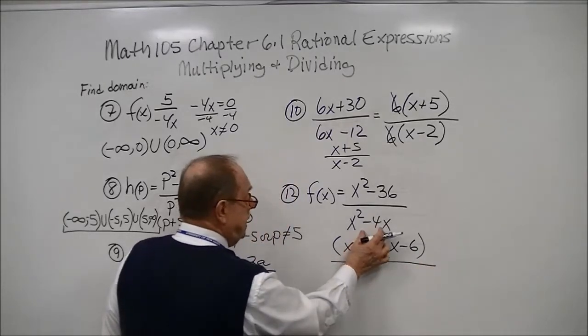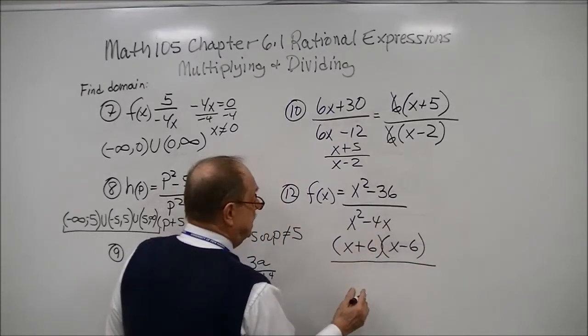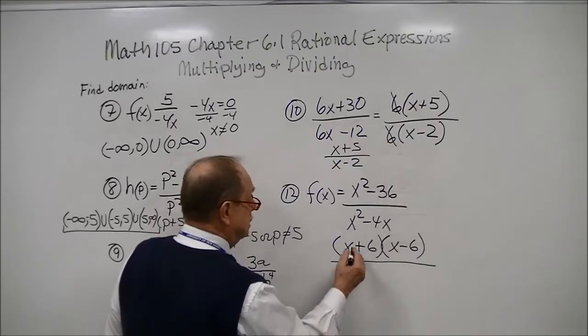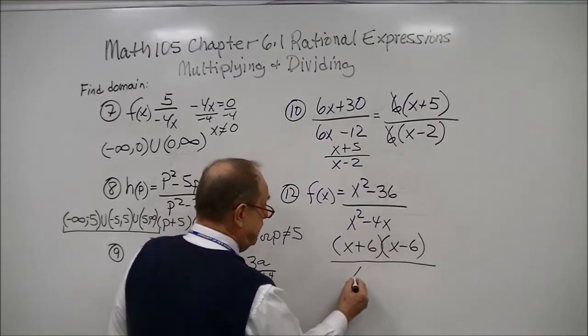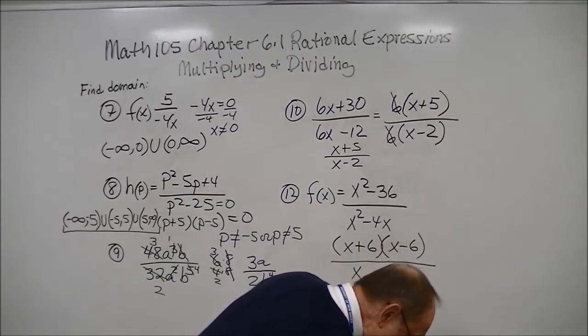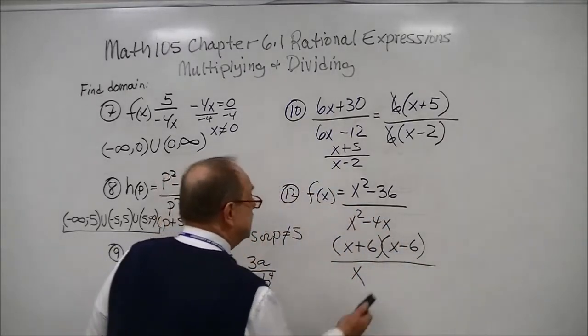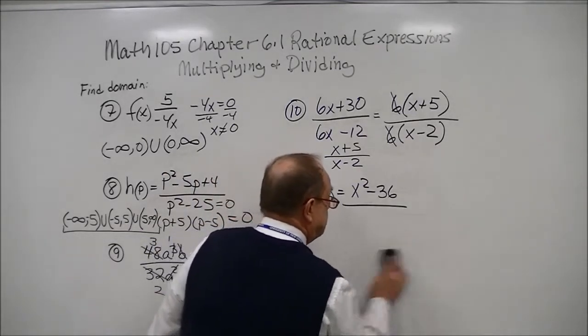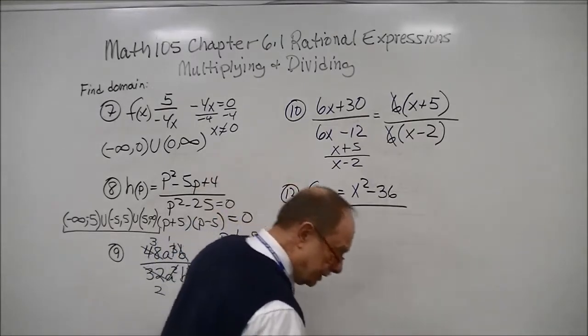And as you look at that, you can see you could factor out a common x. Did I copy that correctly? Number 12? No. Should check my work more carefully here.